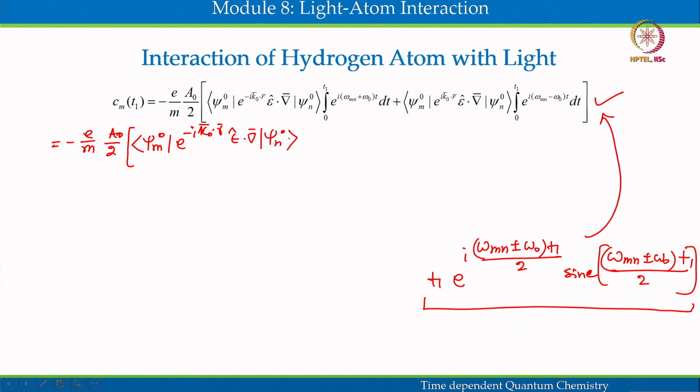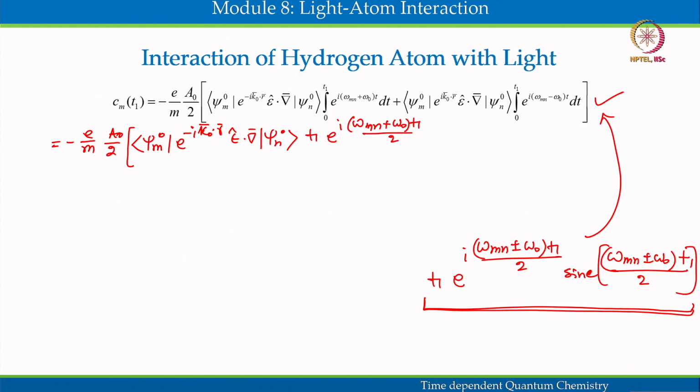This is the spatial part, and then I have the time integration, which is going to be T1 e to the power i (omega mn plus omega naught) T1 by 2.